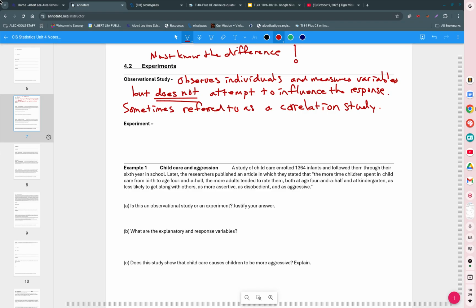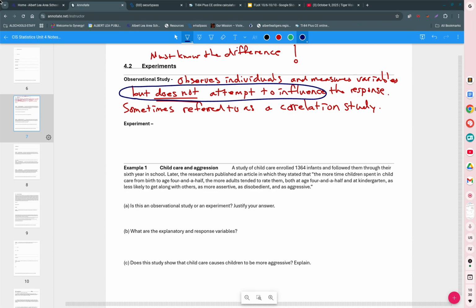Okay? This is the heart of it that you must know to be able to tell the difference. It does not attempt to influence the response. We don't administer something to influence the response. Okay? We'll go ahead and watch a few examples to see exactly what happens.